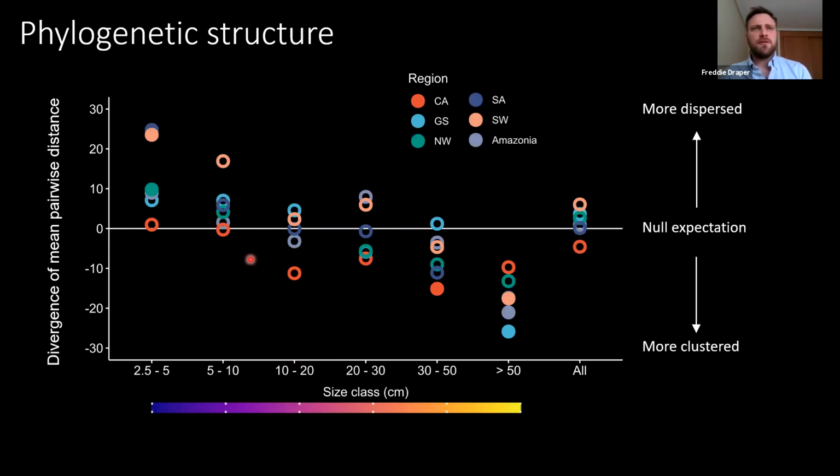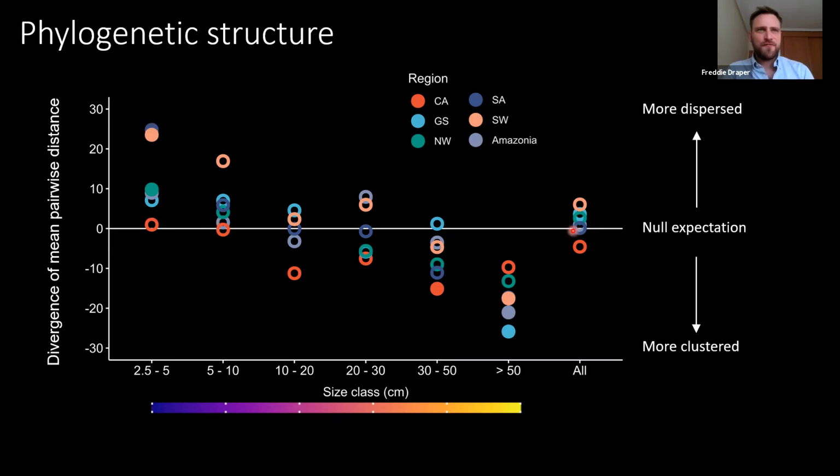So we take all those pairwise phylogenetic distances for each size class in each region. Size classes are along the x-axis, and region is again labeled with the color. Then we compare that to the phylogenetic distances that we'd expect if we sampled randomly across the phylogeny, which is the white line. This is our null expectation.